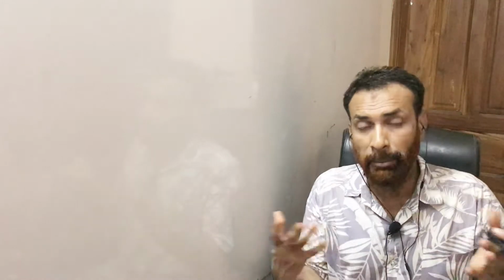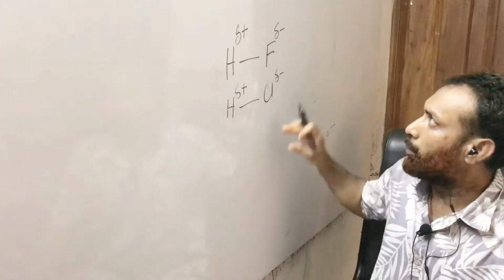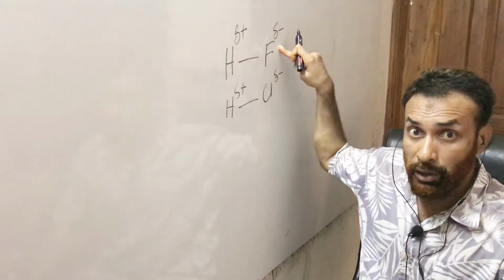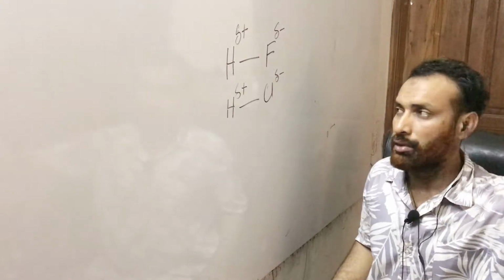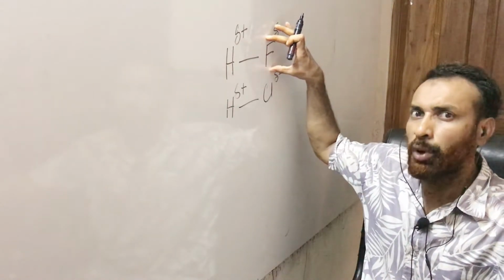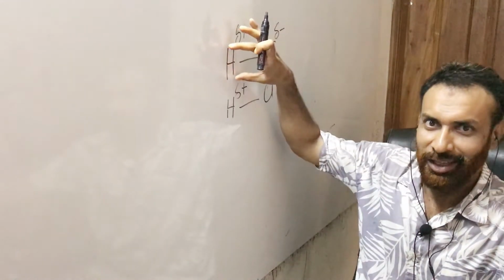And different substances will have different amounts of polarity. I mean, two different substances may not have the same amount of poles. Why so? Do you think the pole in the first molecule and the second molecule will be the same? Certainly not. Fluorine is much more electronegative than hydrogen compared to chlorine.